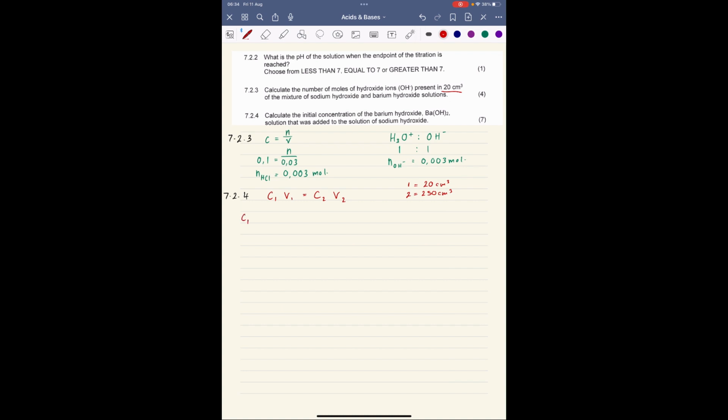So C1 would be equal to n over V, right? And let's substitute what we have here because we want to find C1. The moles of OH, 0.003. And the volume of our barium hydroxide, this was 20 centimeter cube, so it would be 0.02. Let's find out what that gives us.